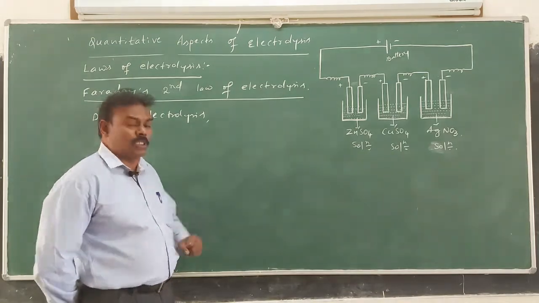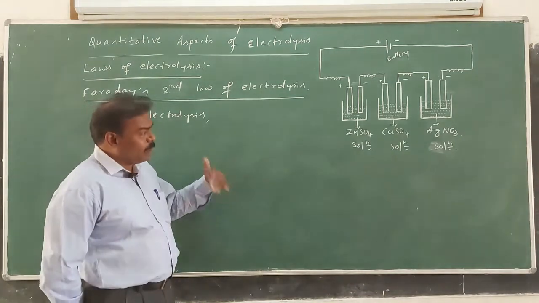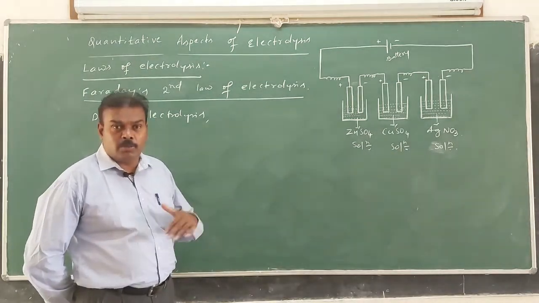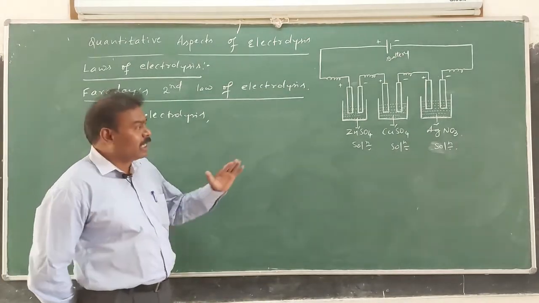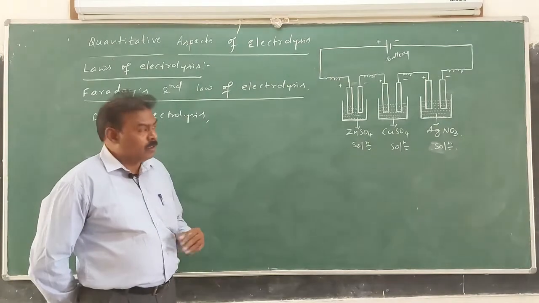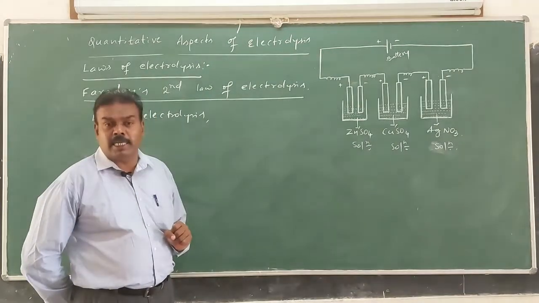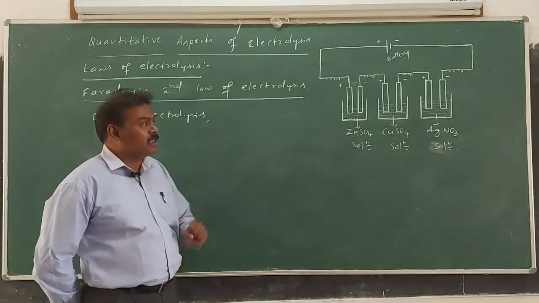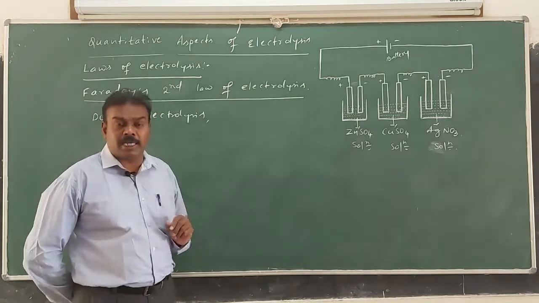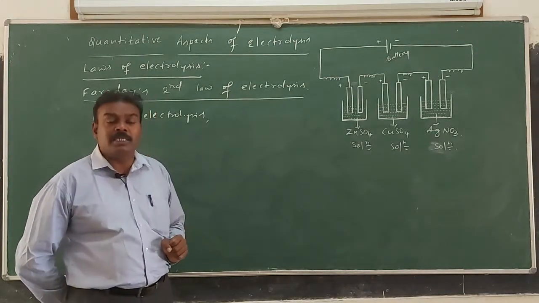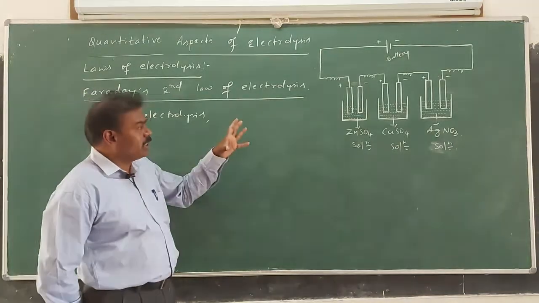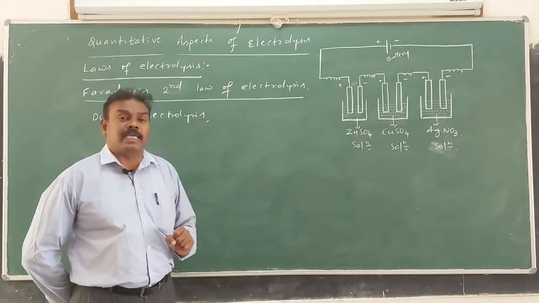The amount of the substance deposited at the electrode is directly proportional to what? The quantity of electricity. It means if you increase the amount of electric current supplied, then the amount of substance produced also increases. This is Faraday's second law.